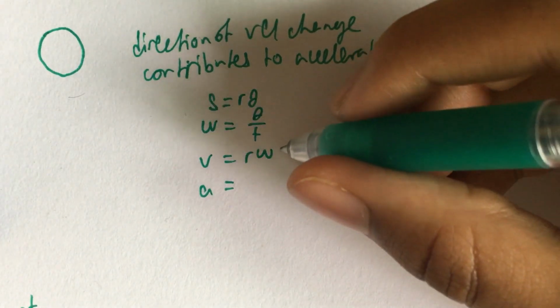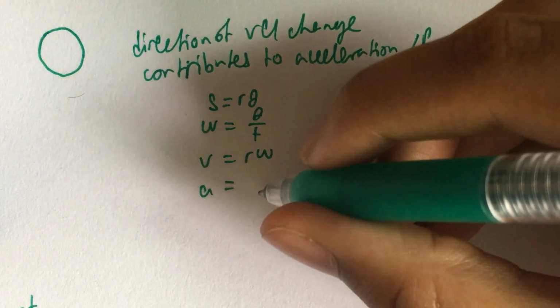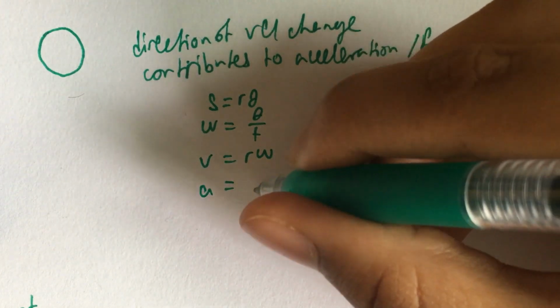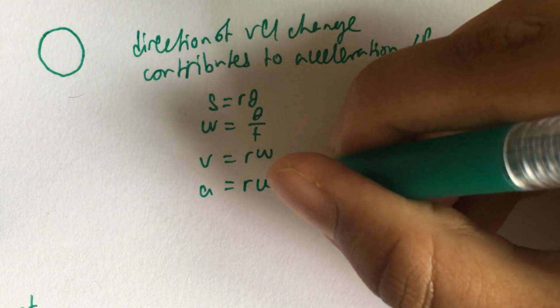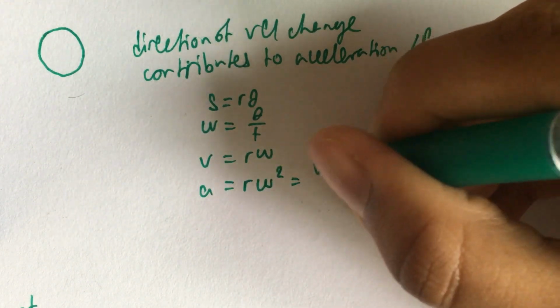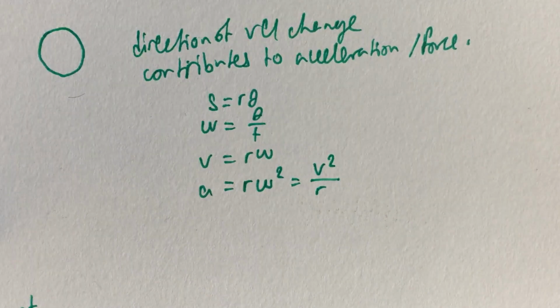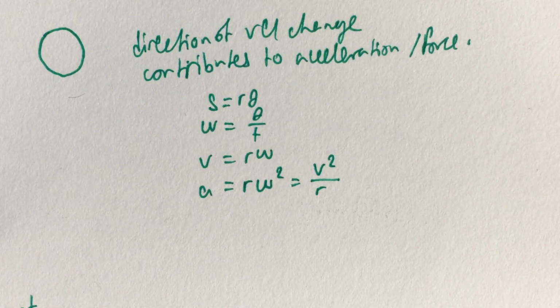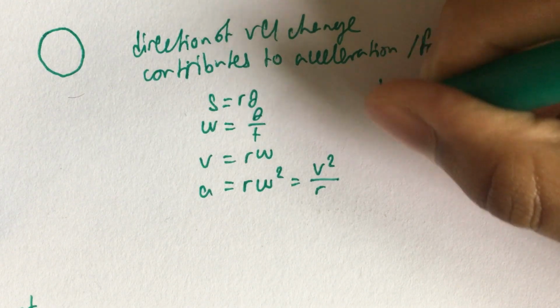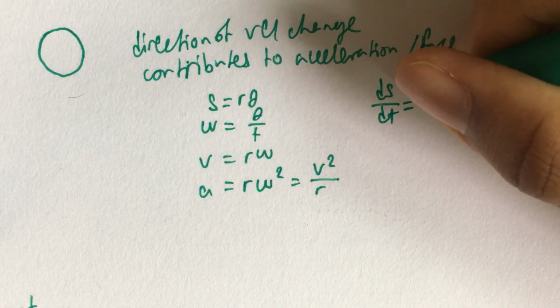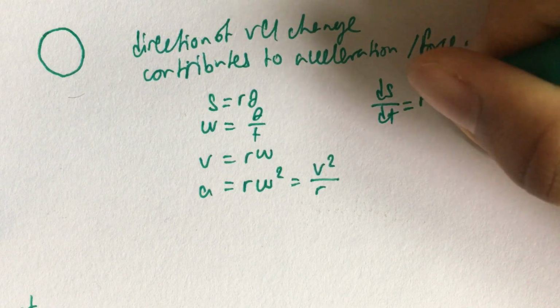In this scenario we have acceleration equals v squared over radius. The reason being, if you think about it in terms of v squared, v squared has units of meter squared per second squared. So if you remove the radius from there, then you get acceleration units. So it should work in that sense.